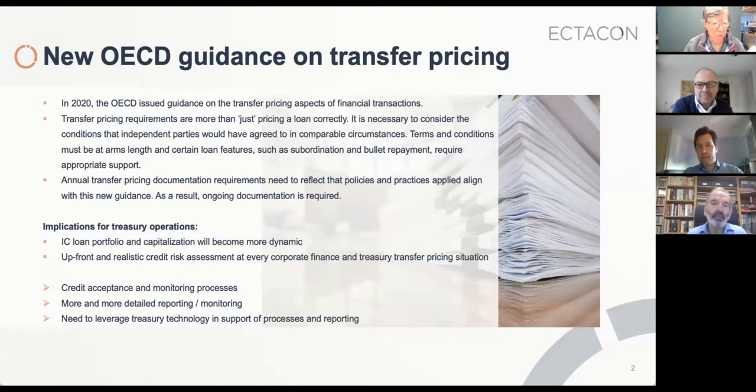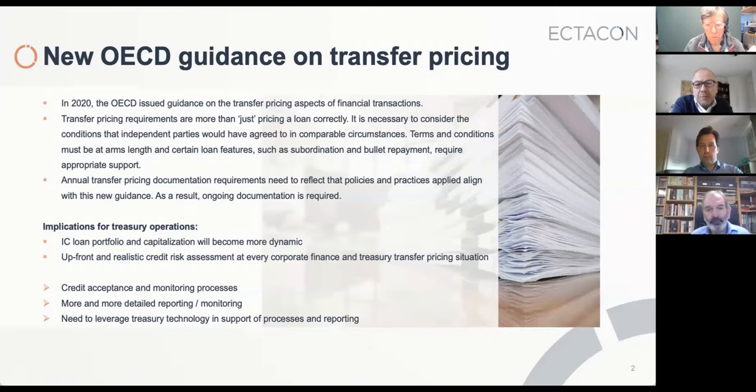Bas, is there, from your side, any implications here that we need to talk about before we move on to two particular examples? My takeaway from last week's conversation is there is no time to lose. The guidance is already referenced by tax inspectors around the globe. It is very difficult to retrofit any of the information that they may question about.